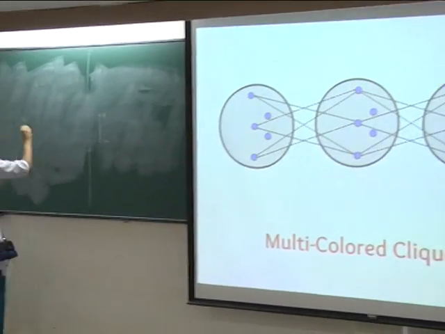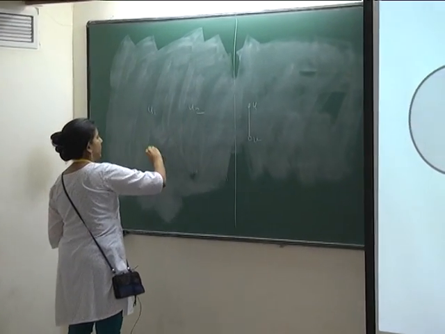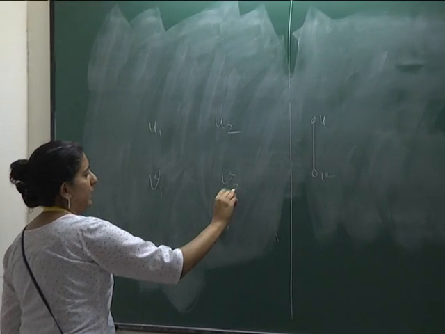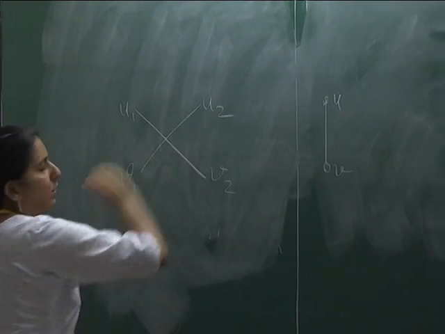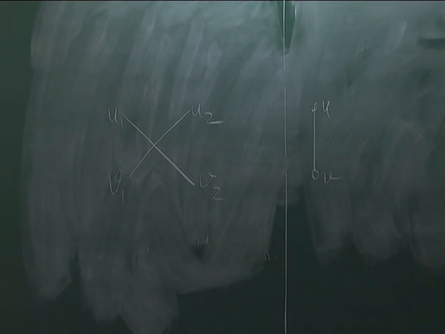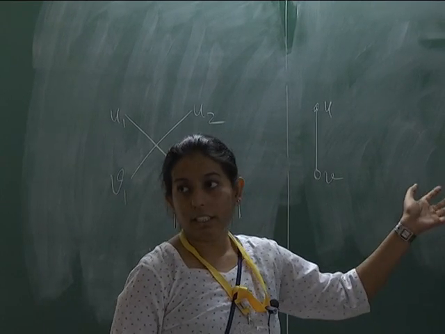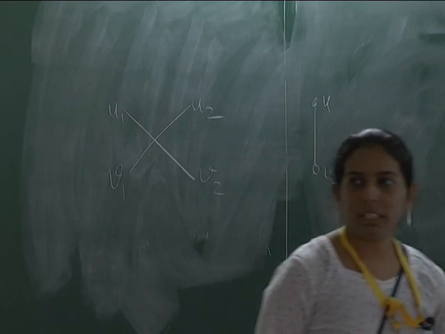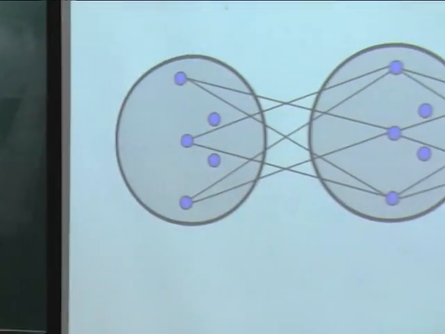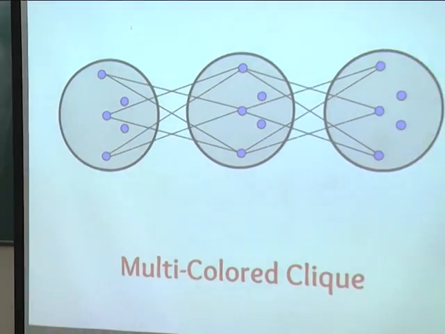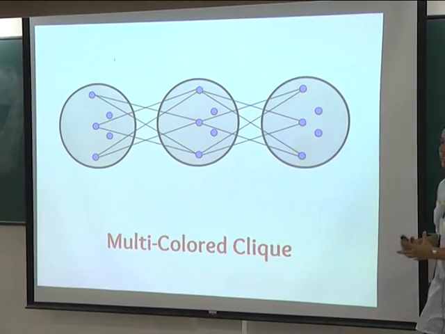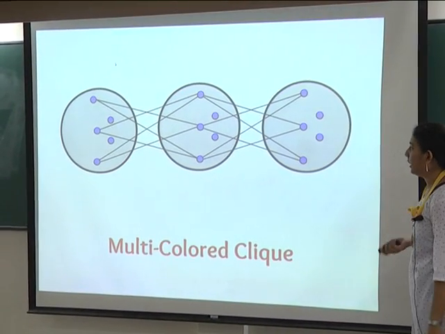So this is the first copy of u, this is the second copy of u, the first copy of v, and that's the second copy of v. So I'm going to draw these edges, okay? Now, if you have a clique in the original graph, do you have a multicolored clique here? Yeah? So you look at the vertices that participate in a clique in the original graph.